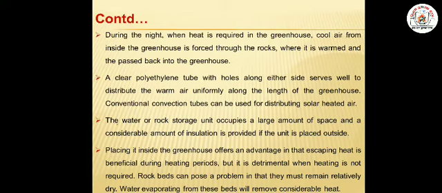Here, the water or rock storage unit occupies a large amount of space, and a considerable amount of insulation is provided if the unit is placed outside. Placing it inside the greenhouse offers an advantage: escaping heat is beneficial during the heating periods, but it is detrimental when heating is not required.